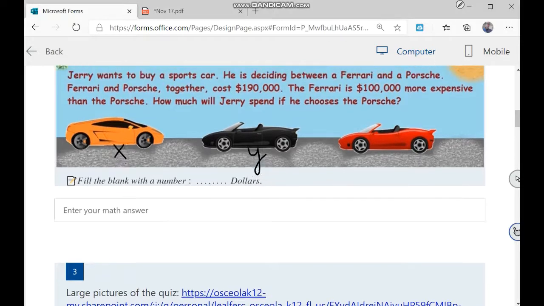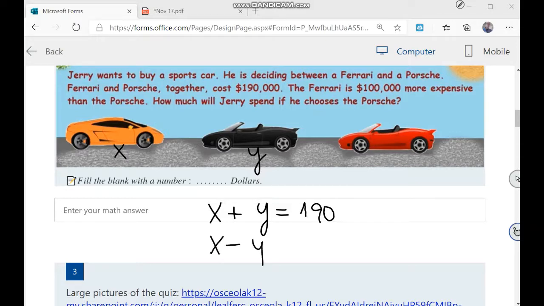The question says the Ferrari and Porsche together cost 190,000. So x plus y equals 190. And the Ferrari is $100,000 more expensive. That means x minus y equals 100.